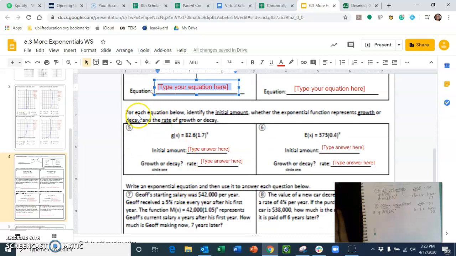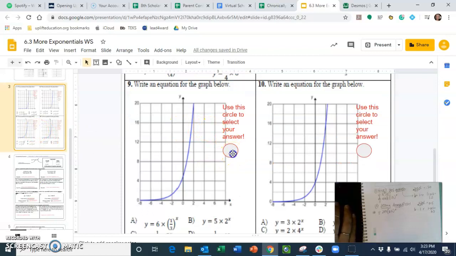Number 5, for each equation, identify the initial amount, whether the exponential function represents growth or decay, and the rate of growth or decay. This one's an awesome one. So I don't have you guys circling anything. Actually, I'm going to have you guys do that.